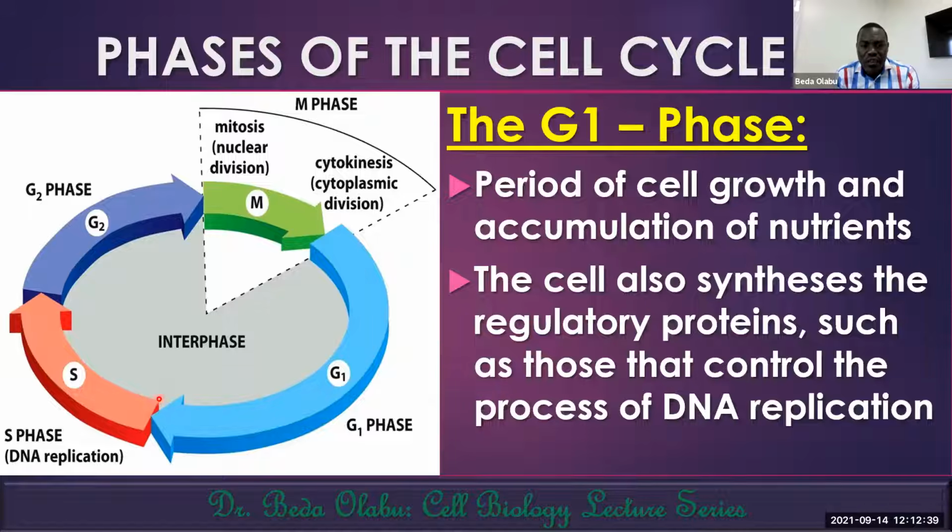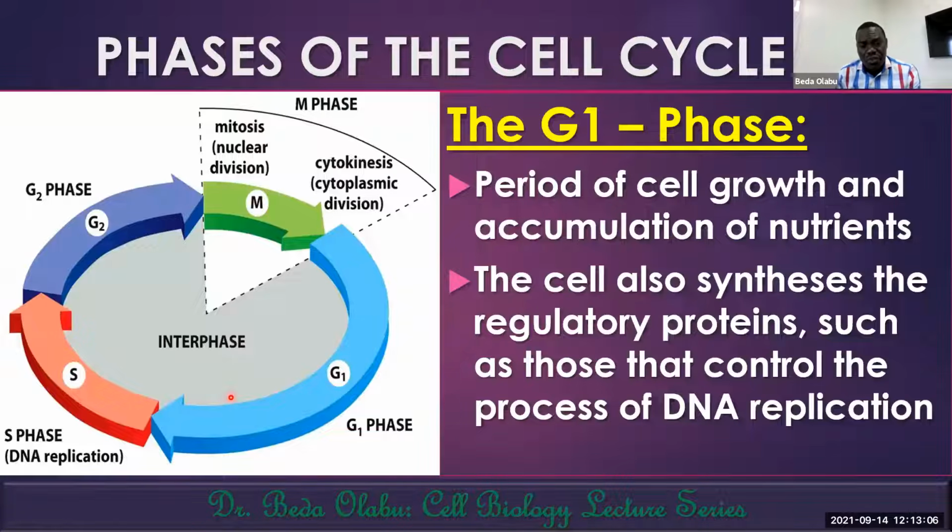So this is the time that the cell prepares the necessary machinery that is required to control DNA replication. There are some molecules which are formed in this stage, which are vital in checking a number of things in the cell cycle to ensure that things are okay.